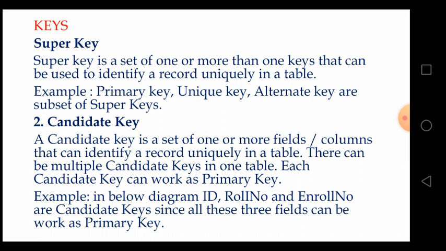Example: employee ID, roll number are the candidate keys, since all these fields can work as primary key.